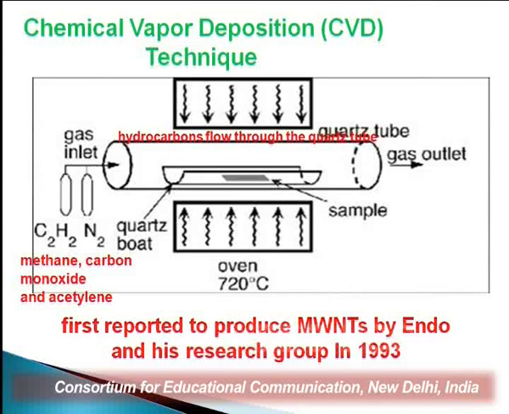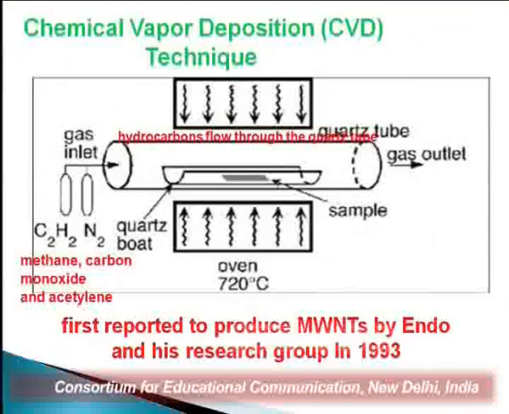The first reported carbon nanotubes were multi-wall carbon nanotubes, which were discovered by Endo and his research group in 1993 by using the chemical vapor deposition technique.